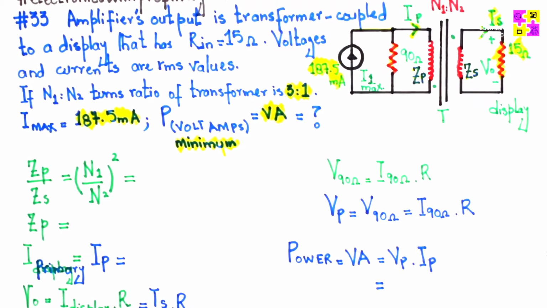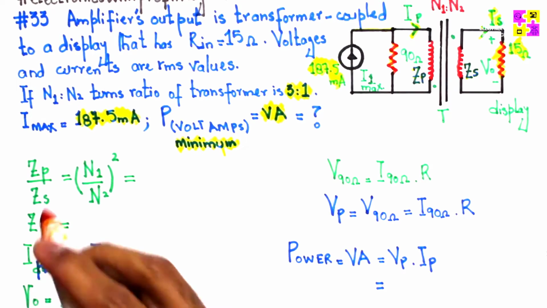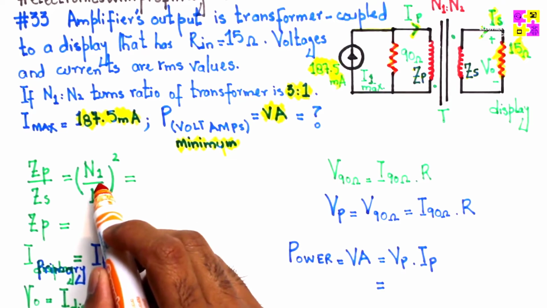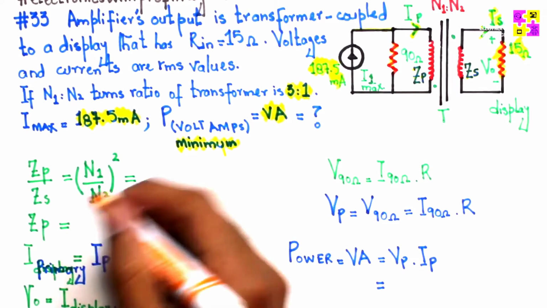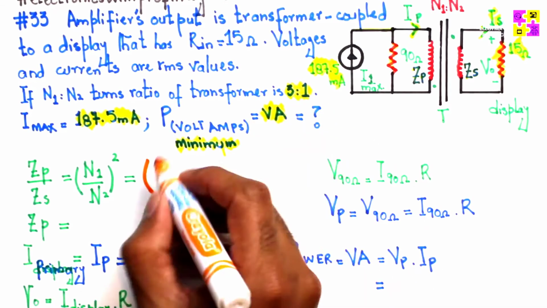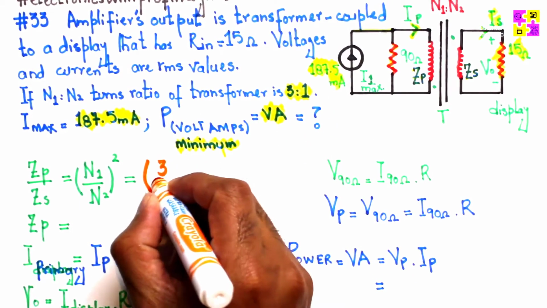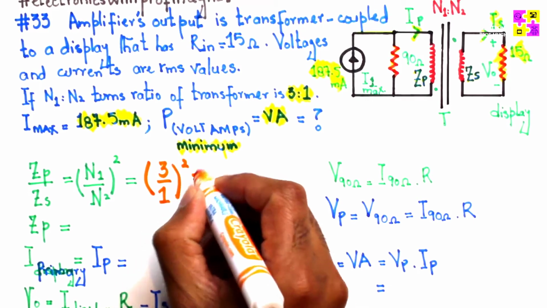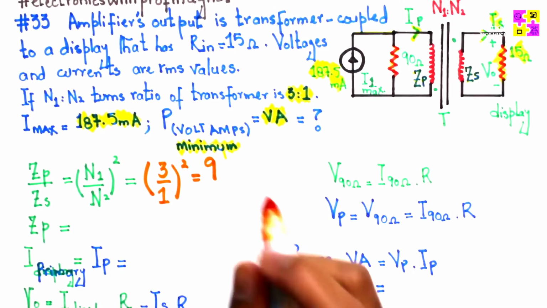Remember, we know that the ratio of the primary impedance and the secondary impedance is always equal to the square of N1 over N2. Because N1 and N2 is given as 3:1, if I plug in the value and take a square, I basically get 9, correct?